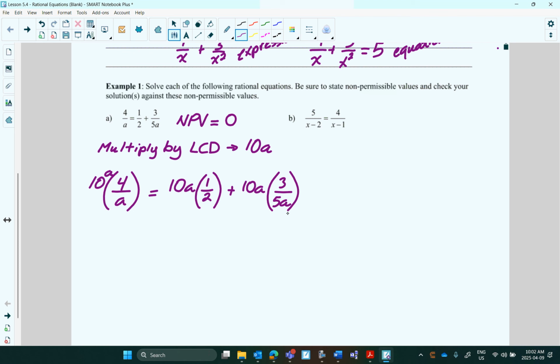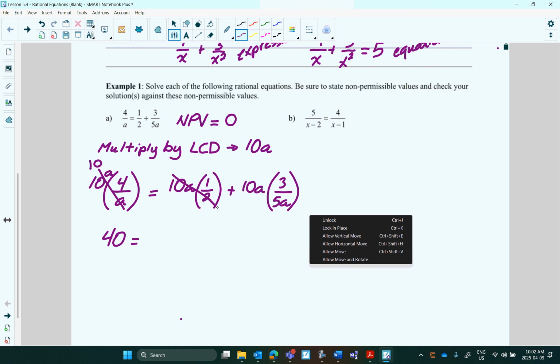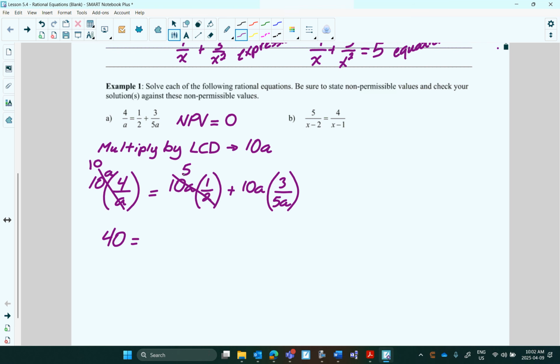10A divided by A is, what's 10A divided by A? 10. And I've got a 4, so 40. 10A divided by 2 is 5A.